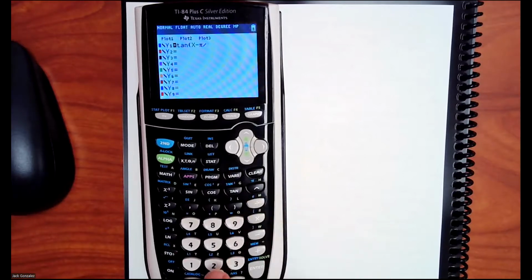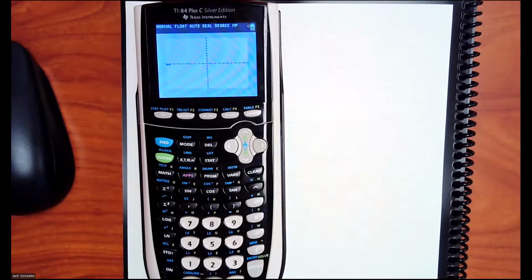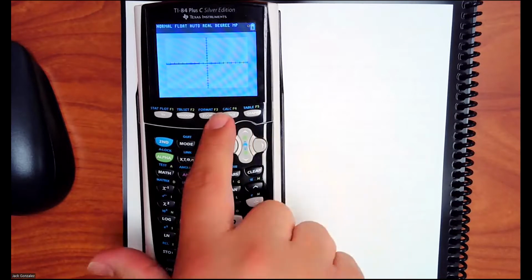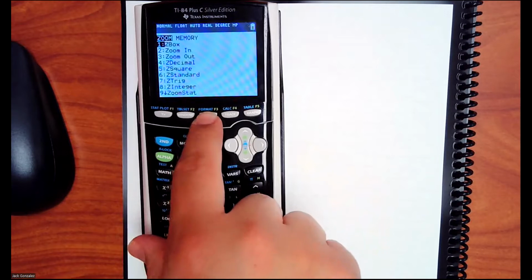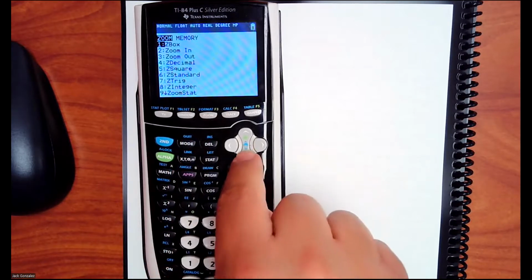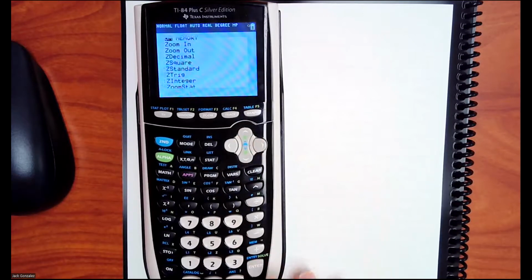I saw the graph, but it was from far away, and I wasn't sure. Oh yeah. It looks weird at first, right? It looks something like this. So all you have to do is press zoom when it's done graphing, and scroll down. You'll see one that says trig. See that number 7? If you press trig, it'll know to adjust to these types of graphs. So you'll see it right away.